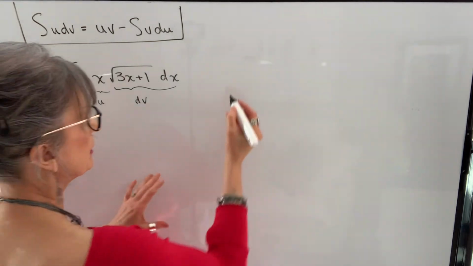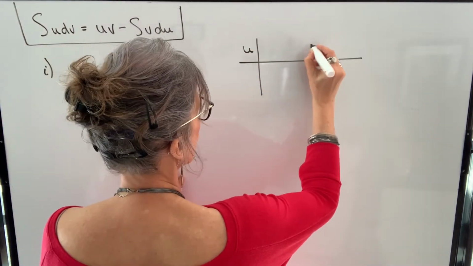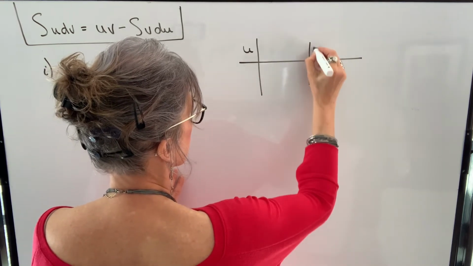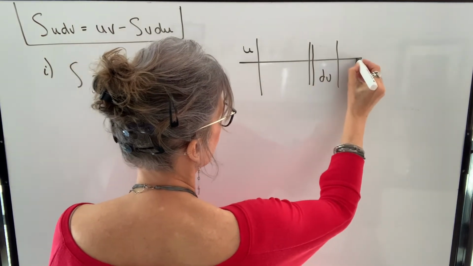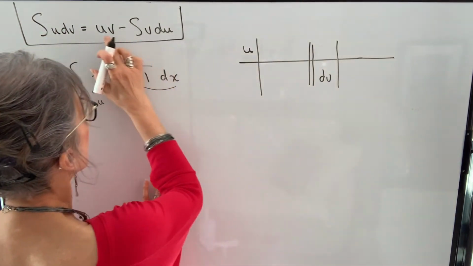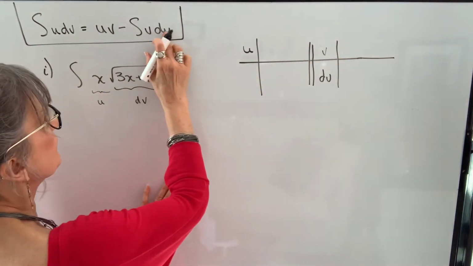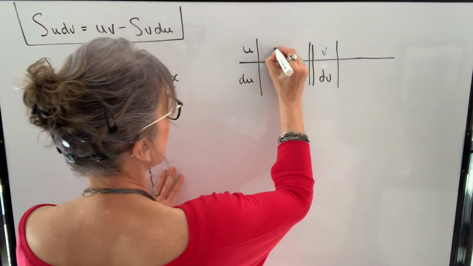I'm going to set up a little chart. I'm going to have u, and I'm going to have dv. Now in the formula, I'm also going to have v, and I'm also going to have du. So I'm choosing u to be x.